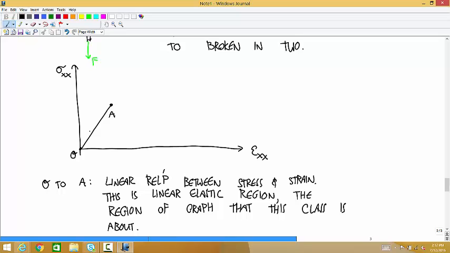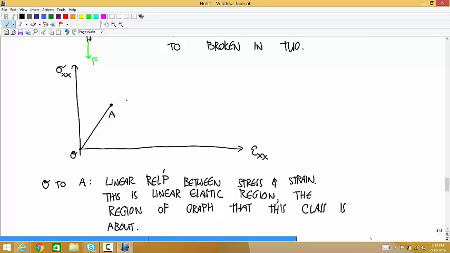And so for a lot of things that we care about, this is a reasonable assumption that the graph is going to look like this. Even a lot of things that aren't engineering materials have this. Bone has a linear region like this. Bone's pretty brittle compared to most metals, so it's small. But for that small amount of deformation, you still have linear elasticity.